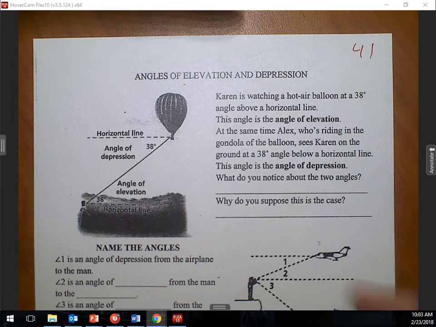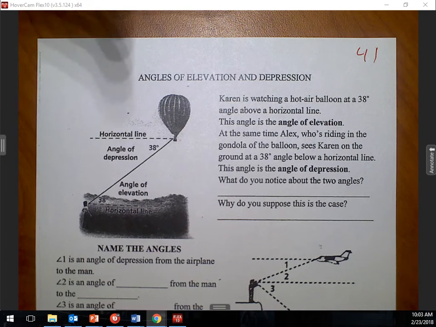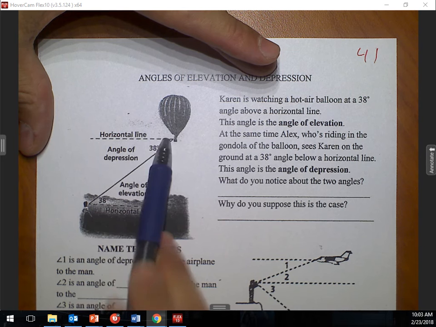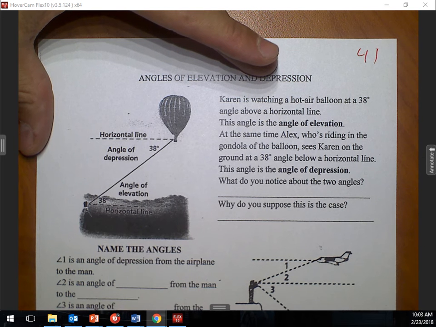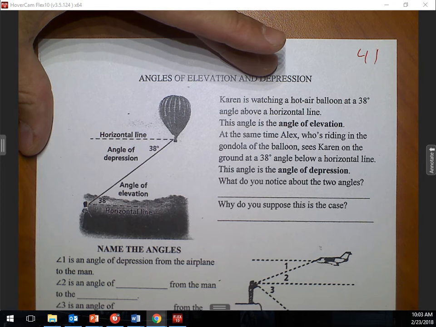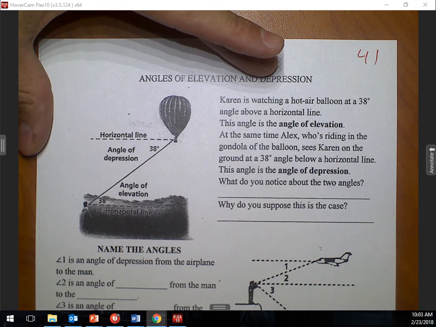So this right here is a horizontal line. There's always going to be some type of arbitrary horizontal line. So this line and this line right here are always going to be parallel. You guys follow along here? This and this will be parallel.